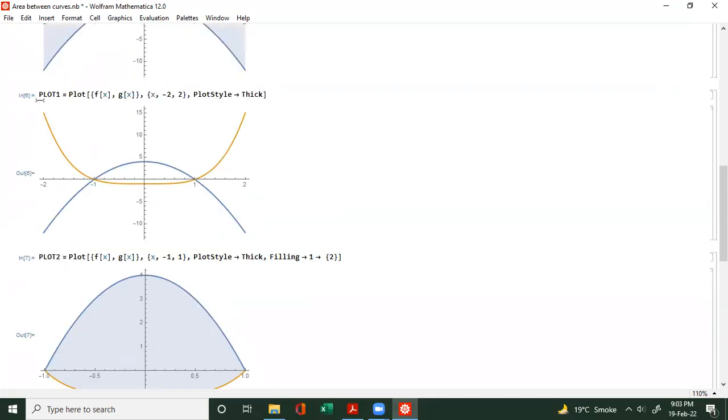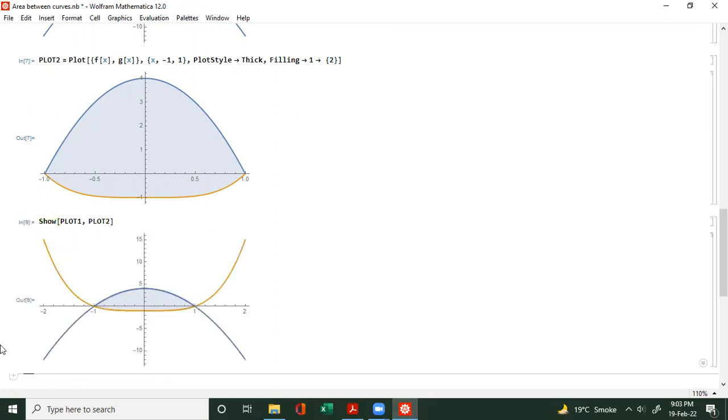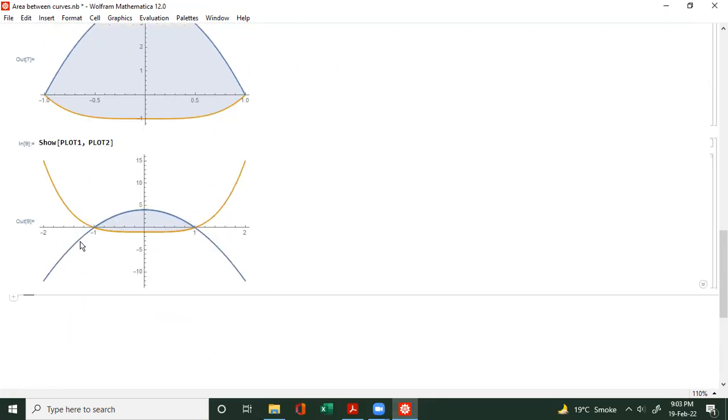So the first plot that I want to merge is plot 1, and I want to merge it with plot 2. So actually that is the true picture, where you can easily see the shaded area between these two curves from -1 to +1.